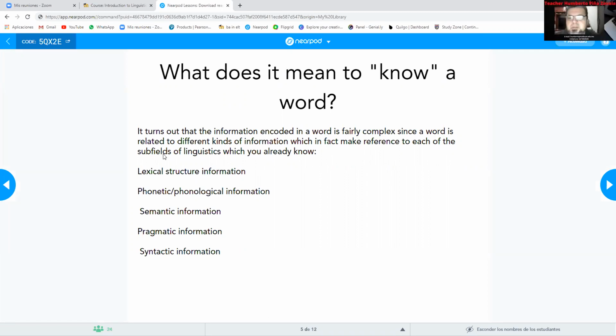If I make reference to the subfields of linguistics that we were working with: the lexical structure, like the spelling; pronunciation, phonetic, phonological information; meaning, semantic information; pragmatic, like when and how do we use it; syntactic information, meaning I know that in this place in this sentence, this word means this, but if I move it to another part of the sentence, the word is going to have a different meaning. So, quite complex.